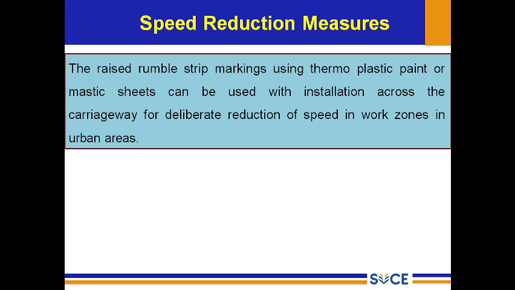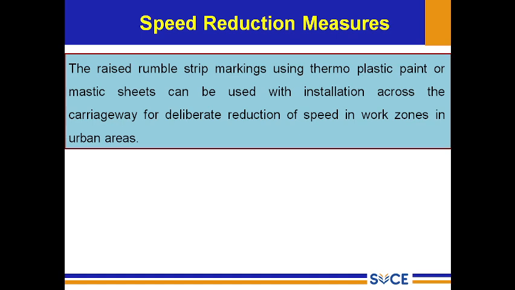Next, raised rumble strips can also be used effectively. Thermoplastic paints or mastic sheets can be installed across the carriageway, or you can deliberately reduce the speeds, especially at work zones, which gives a vibrating effect to the vehicle, so the driver gets alert and reduces speed.